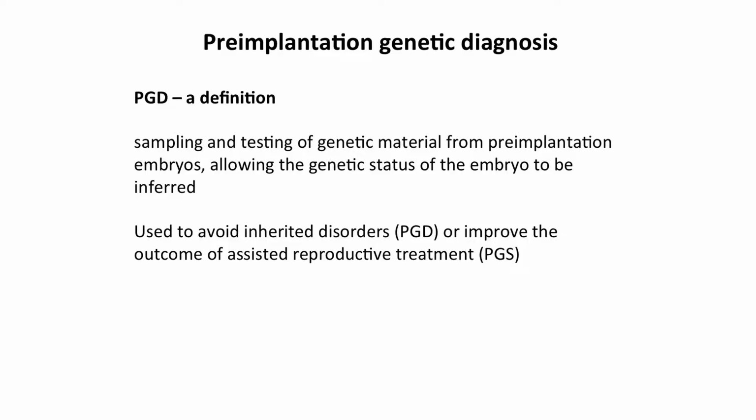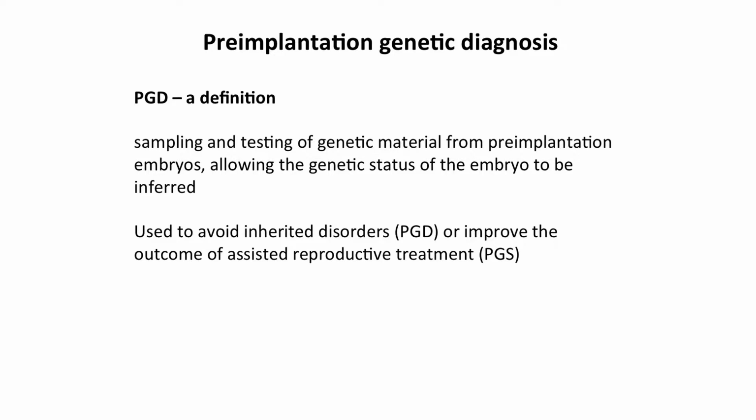I guess just to begin with, maybe a definition of that. When we're talking about PGD, what we're really talking about is looking at a sample from an embryo that's been generated using in vitro fertilization technology, doing a genetic test on that sample in order to find out whether or not the embryo has been affected by a particular inherited condition.